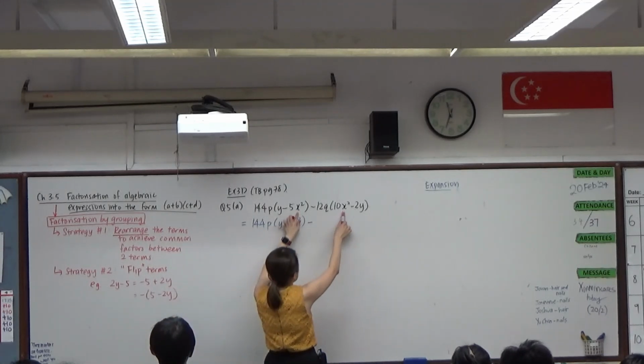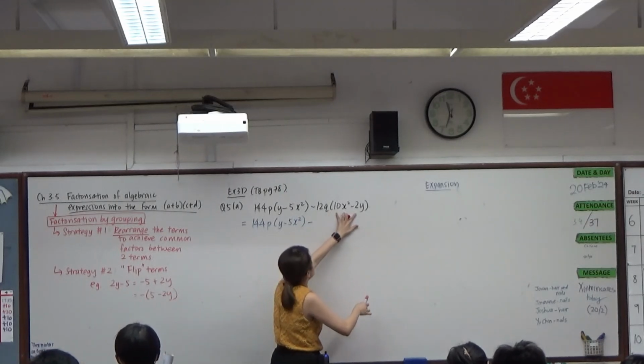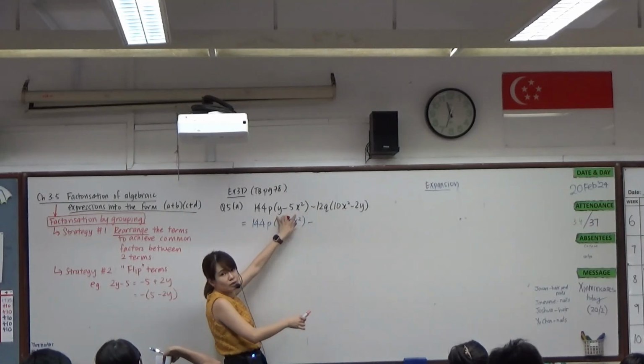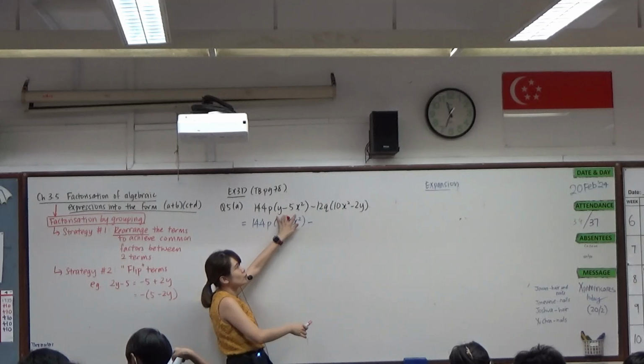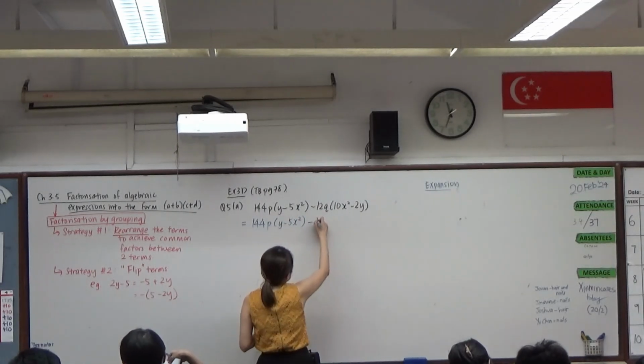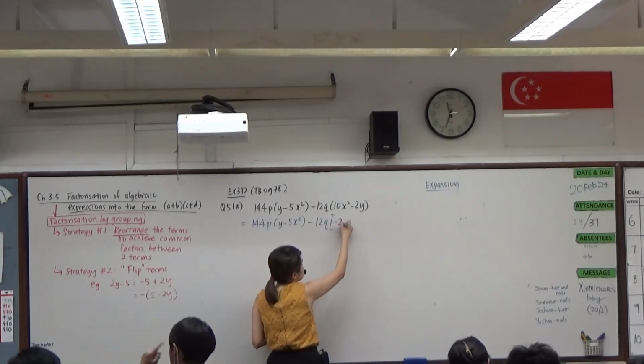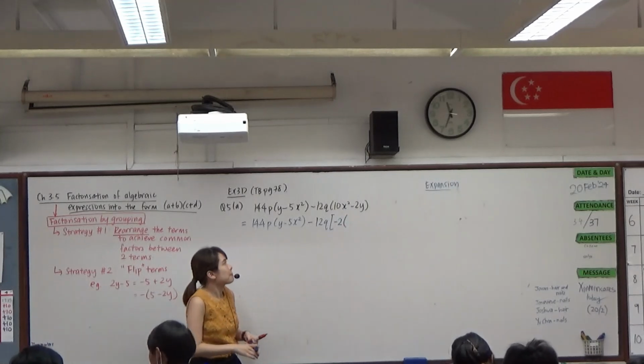They both have the x squared, they have the y. And we observe that this is just a multiplication of 2, in fact a multiplication of negative 2. So what you could do is maybe we factorize out a negative 2 first.